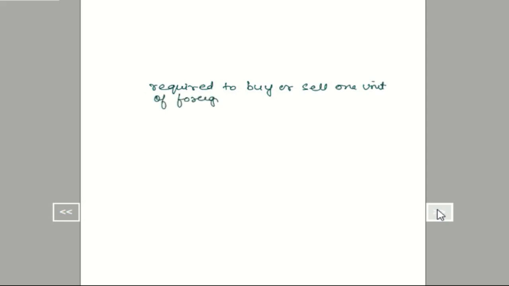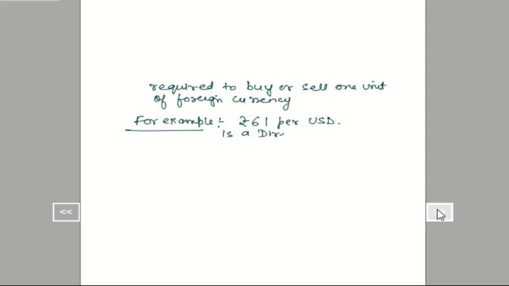I'll explain to you. For example, first write it down, then I'll explain what I have written. Rupees 61 per USD is a direct quote for USD in India.